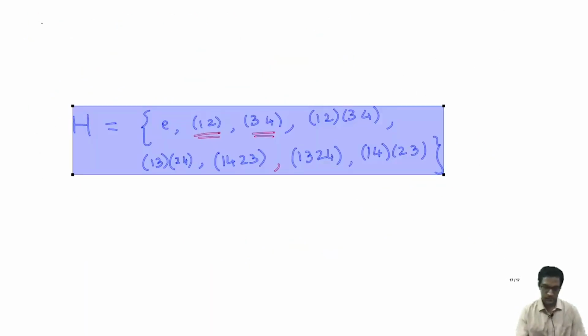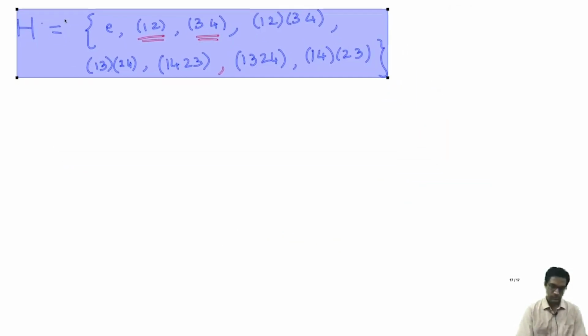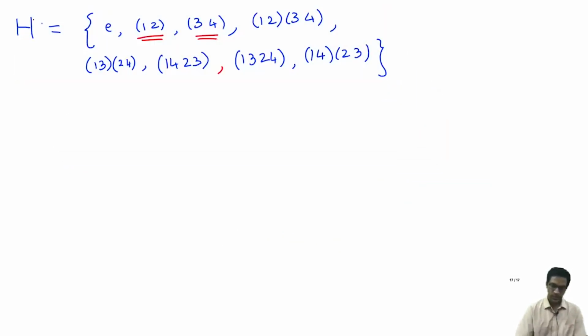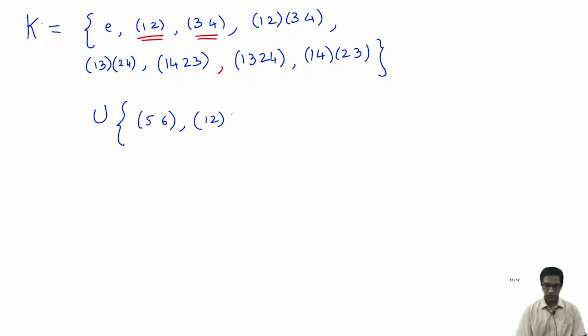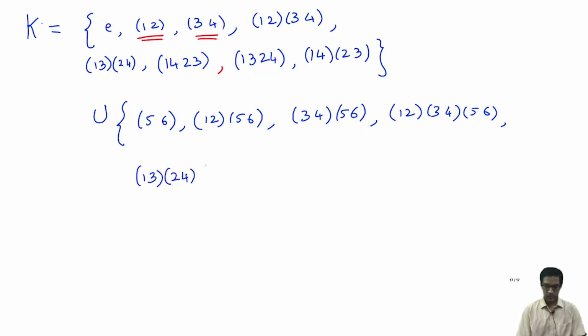So what is K now? K is all these very same elements union these elements multiplied with (5 6). So (1 2)(5 6) and so on. You will get 16 elements when you do this. So let me just write them all out.